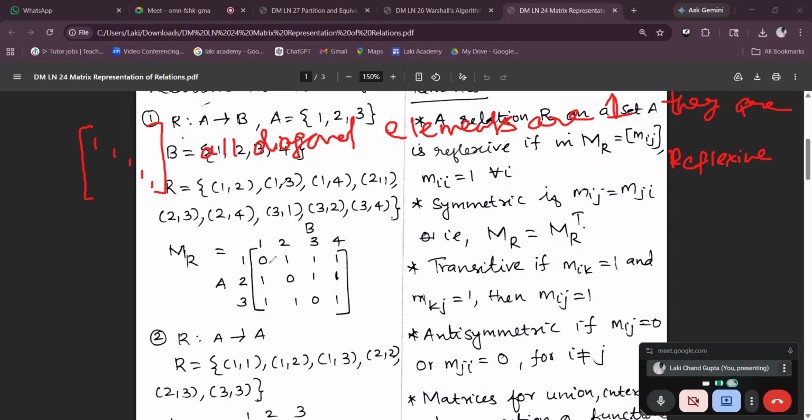If at least one 0 is there, then you can say that is not reflexive. This is not reflexive. You can say and tell. Why? Because all diagonals are not 1. Understood? 1 1, yes, 1 1 2 2 3 3. Whatever they are, only see diagonal elements. Understood?